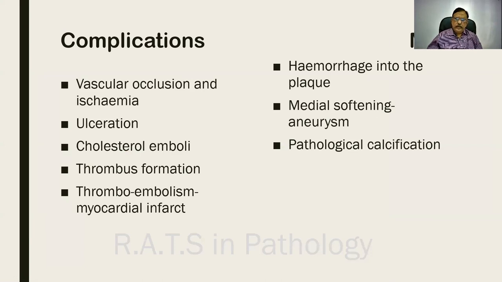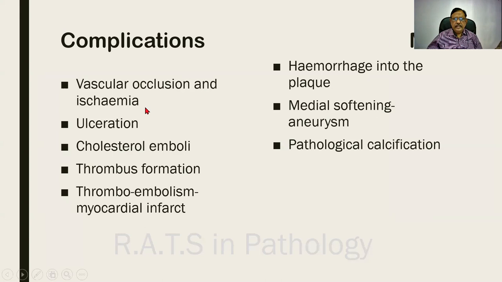Complications of atherosclerosis. Again, MK. What is MK? Must know. You must know it. So it can be a vascular occlusion. A large vessel like an aorta will not be obstructed, but smaller vessels can be obstructed totally, resulting in an ischemia.